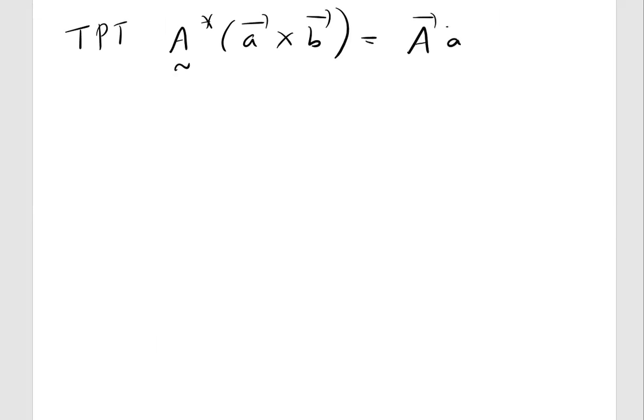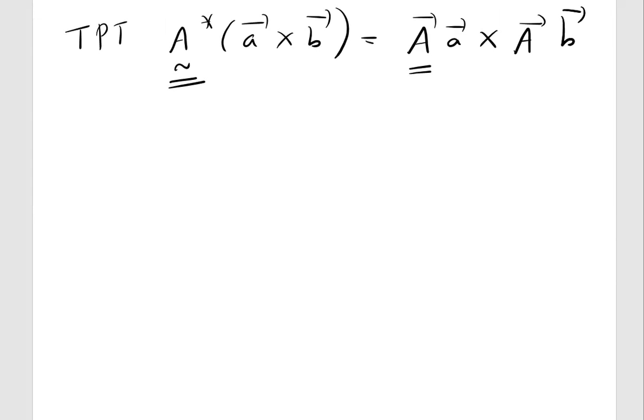So we are going to prove that A star (a cross b) is equal to A a cross A b, where small letters a and b are vectors and capital A is a tensor. See, I've used both the notations. Here I've used tilde notation and here I've used arrow notation. You can use any one.